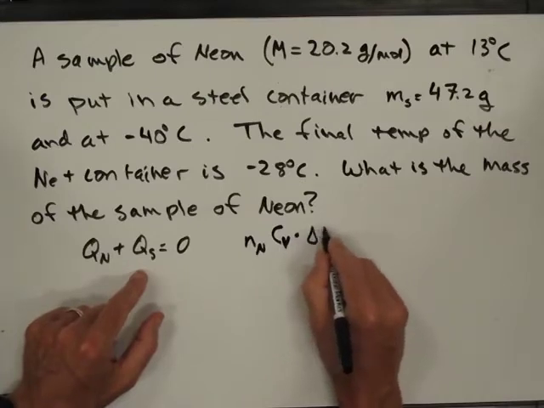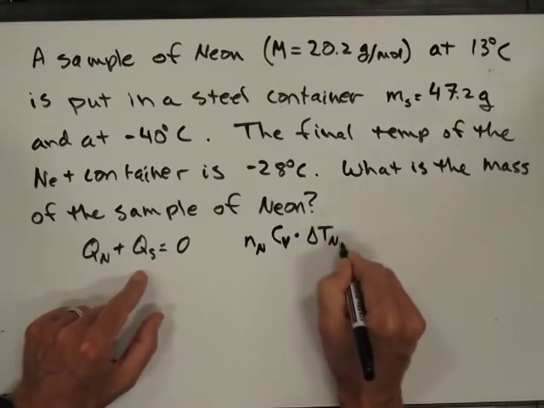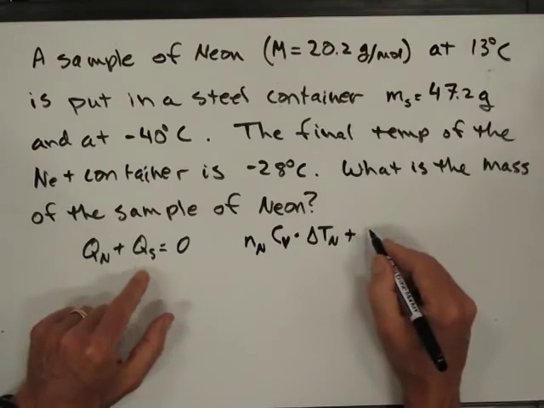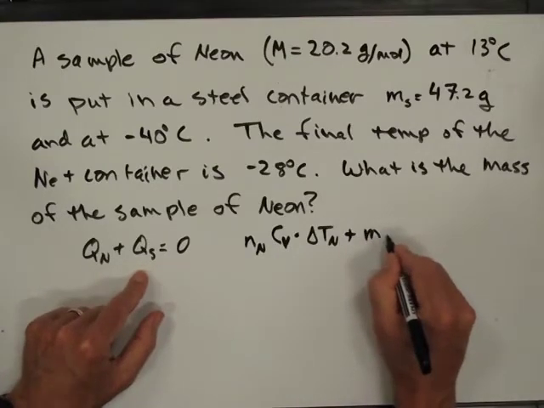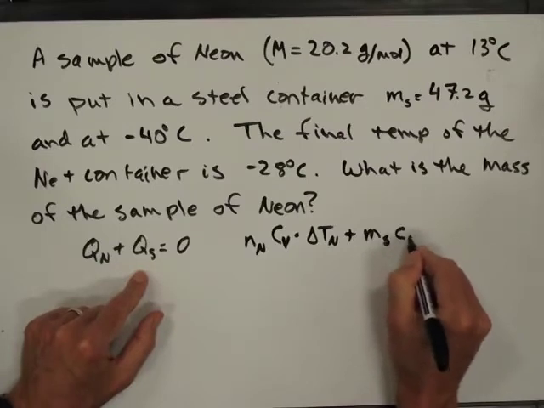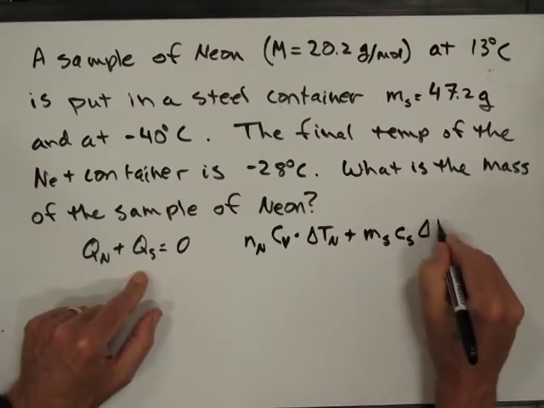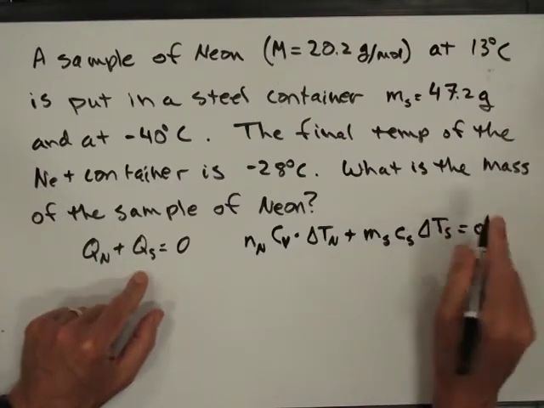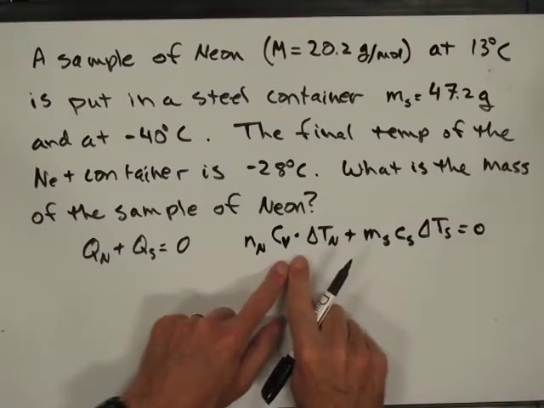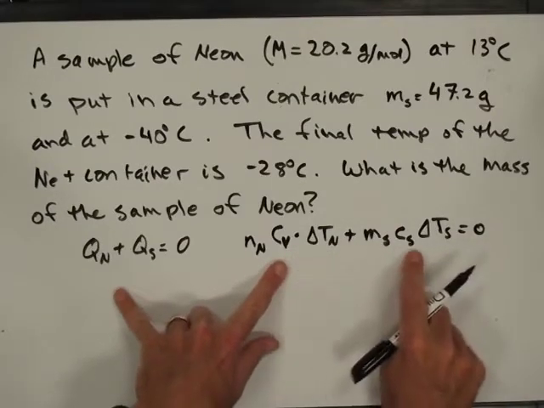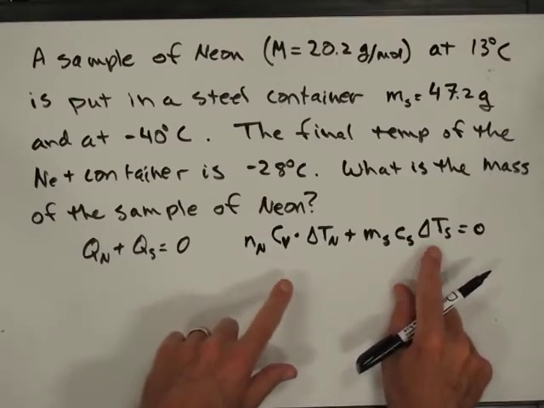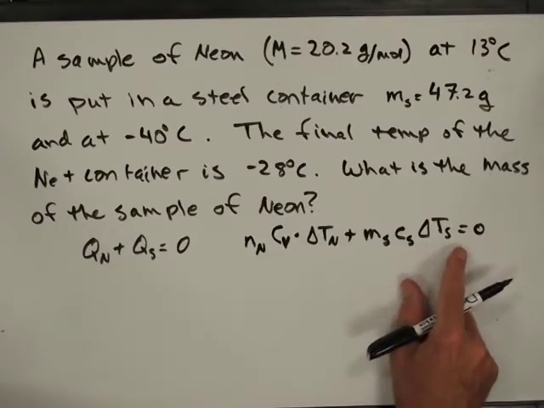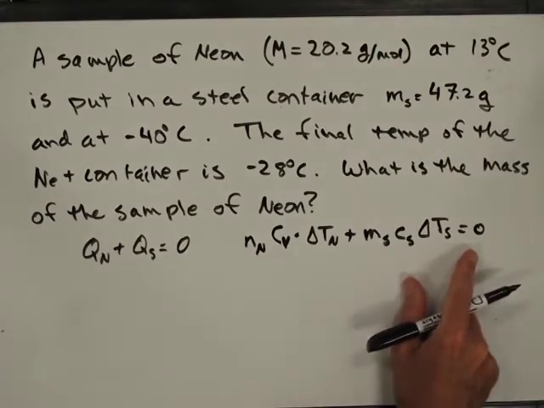Times delta T for the neon, plus, for the steel container, we just go back to the old way: mass of the steel times the specific heat capacity of the steel times delta T for the steel is equal to 0. Sorry, this one's going to gain heat, this one's going to lose heat, and it adds up to 0.